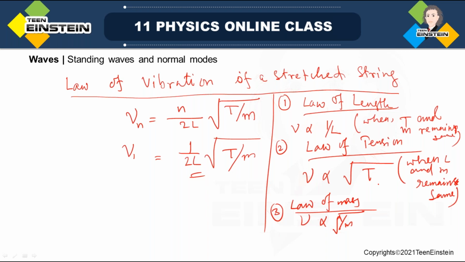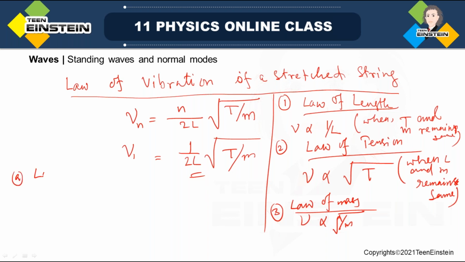Now the law can again be expressed in terms of density and diameter. If the string has a certain density d, and the diameter of the string is given, these laws can be written again. Another two laws can be added.